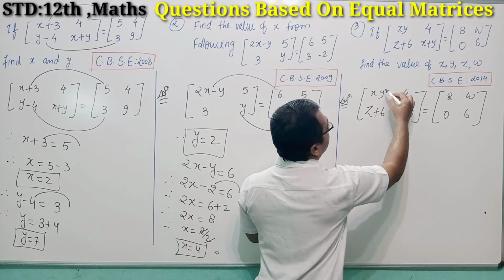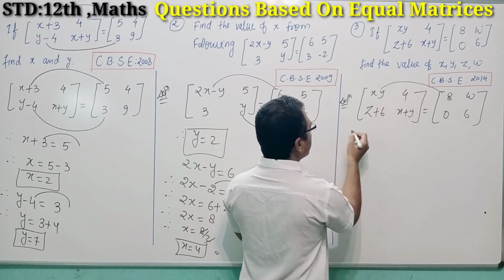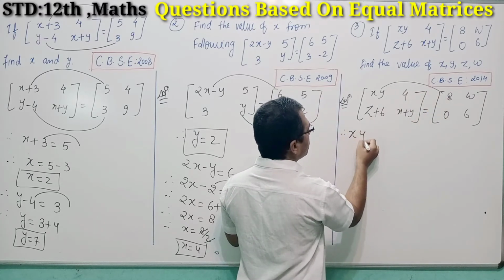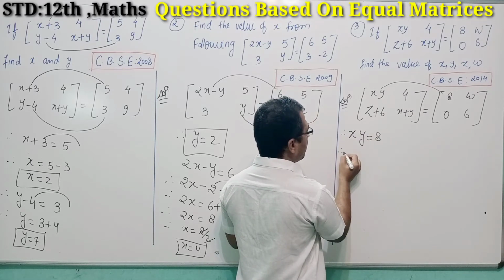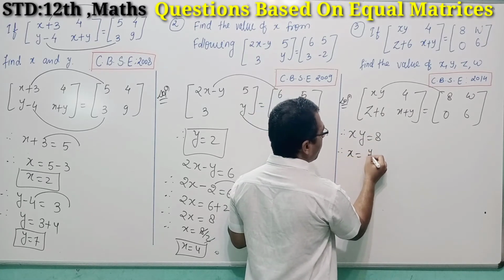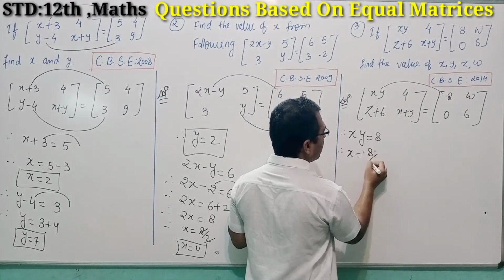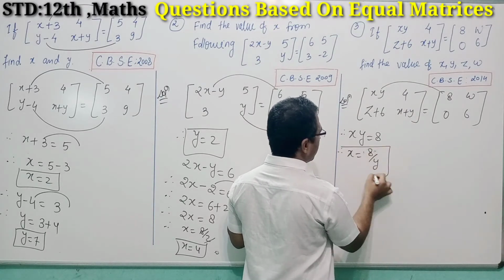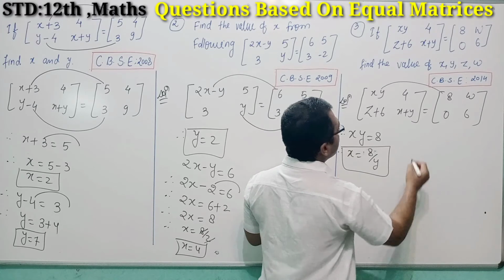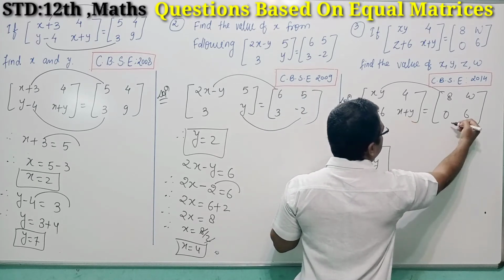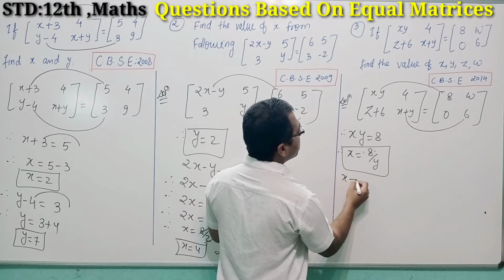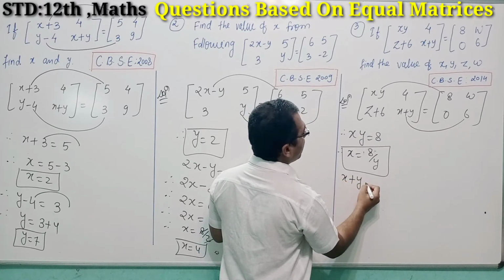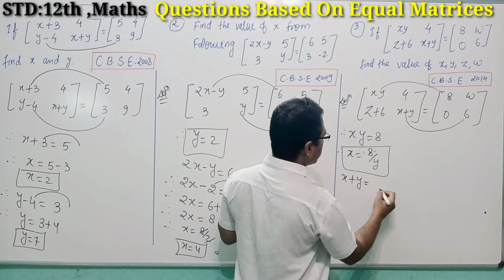Now here you can compare x into y is equal to 8. So x into y is equal to 8, so x is equal to 8 by y. Similarly, x plus y can be compared with 6, so x plus y is equal to 6.